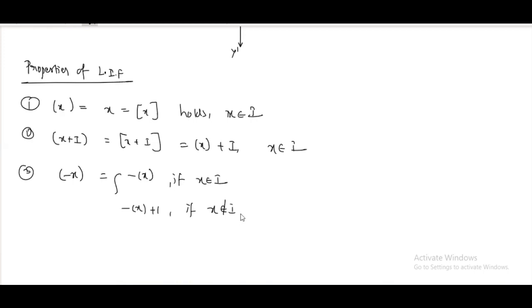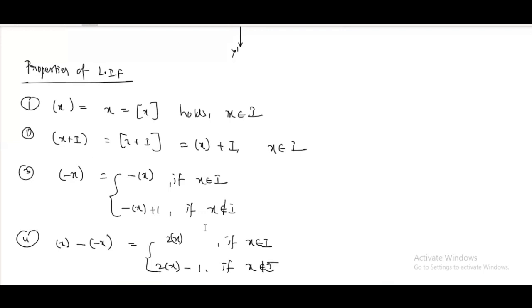So here we get two different cases. Property number 4: the least integer function of x minus the greatest integer function of x will become 0 if x belongs to integers, and 1 if x does not belong to integers.